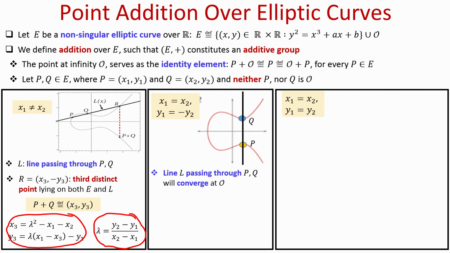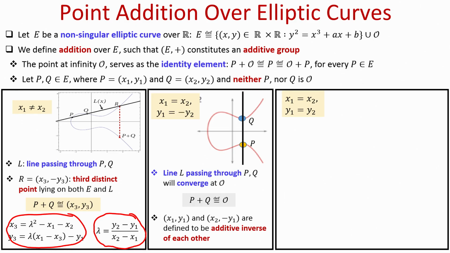But in this case, since the x coordinates of P and Q are the same and only the sign of their y coordinates differs, the straight line passing through P and Q converges at the point at infinity, and that is why we define the P plus Q operation in this case to give the result the point at infinity.